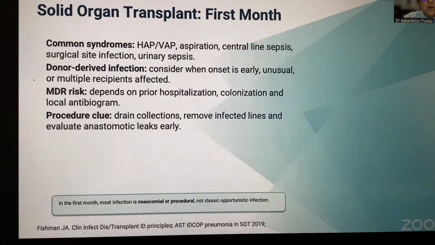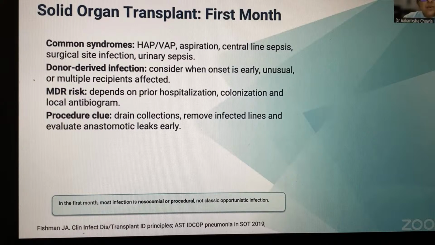So, in solid organ transplant in the first month, common syndromes that you would often come across would be hospital acquired pneumonia, ventilator associated pneumonia, aspiration, line induced sepsis, surgical site infections, even urinary sepsis. It can also be donor derived infection. There's always a risk of MDR, and that would also depend upon for how long your patient has been hospitalized, number of hospitalizations, recent or prior use of any antibiotics.